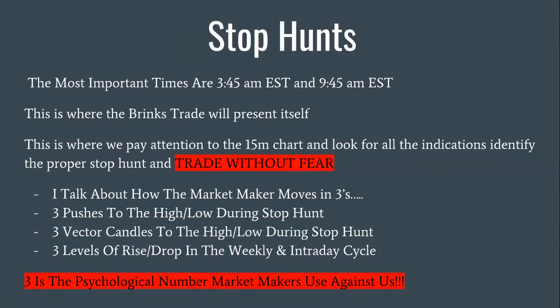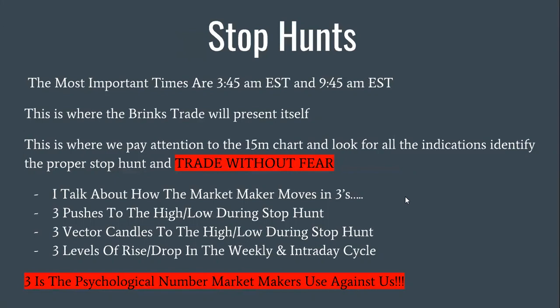The Brinks trade is where the time is going to be the most essential, where these prime stop hunts are going to occur. 3:45 being the London stop hunt and 9:45 being the New York session stop hunt or reversal. This is where we pay attention to the 15-minute chart and look for all the rules to be met, catch the stop hunt, and trade without fear.